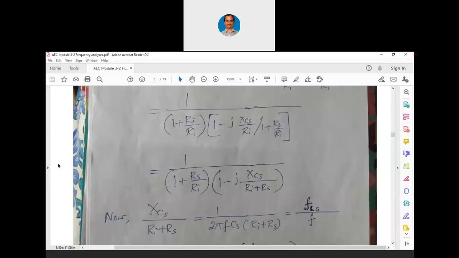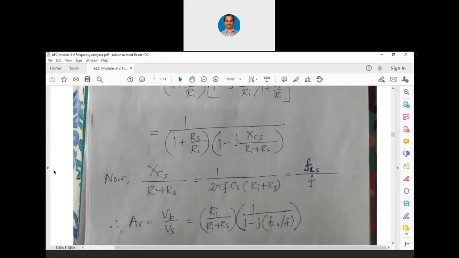That is the low frequency cutoff divided by the general value of frequency. So using this terminology now, we can write the voltage gain AV as VB by Vs equals Ri divided by Ri plus Rs into 1 by 1 minus J into FLS by F. By substituting for this XCS by Ri plus Rs in this upper equation, we get a term like this.